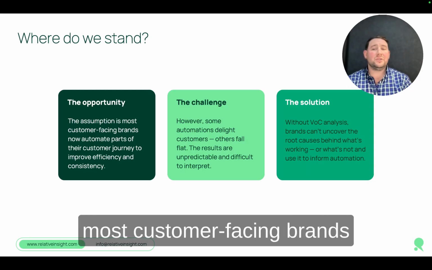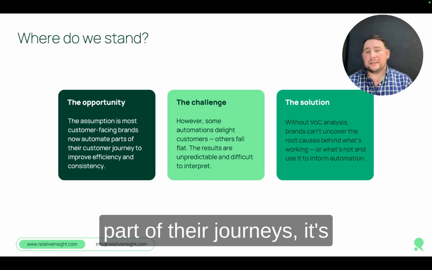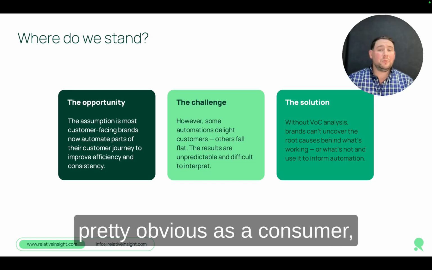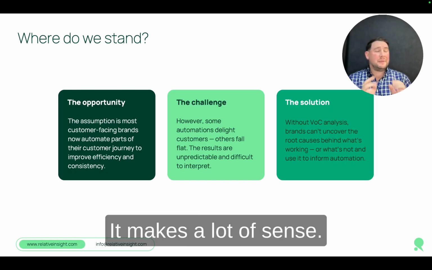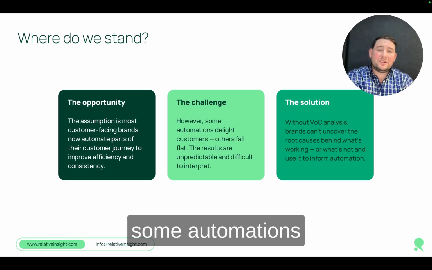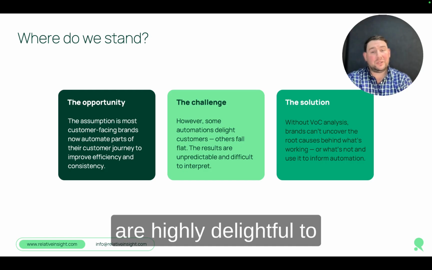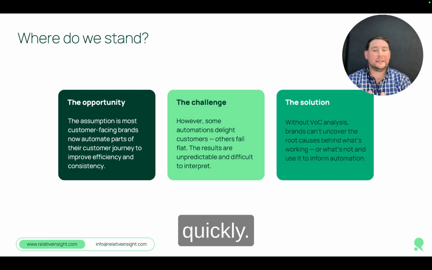The assumption is that most customer-facing brands will automate at least part of their journeys. It's pretty obvious as a consumer once you know what to look for. Most people have been doing this over the last decade. It makes a lot of sense. The challenge, however, is that some automations are highly delightful to customers because it saves time. It means they don't need to speak to agents. It means they get what they want quickly.